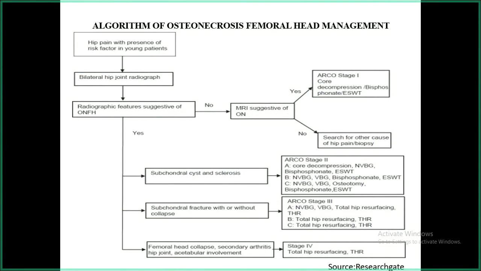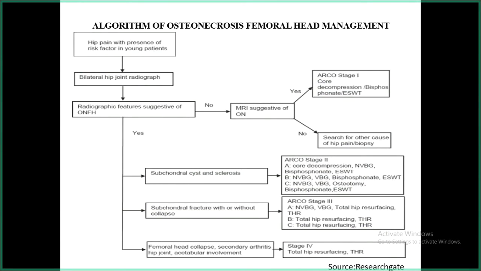This is the algorithm of osteonecrosis femoral head management. A young patient presents with hip pain and risk factors. Then the bilateral hip joint radiograph, of both hips and pelvis, shows radiographic features suggestive of osteonecrosis. Then you should stage according to the ARCO stage or Ficat-Arlet staging, which includes clinical examination, radiography and MRI.